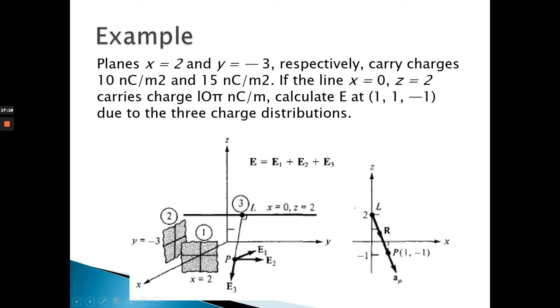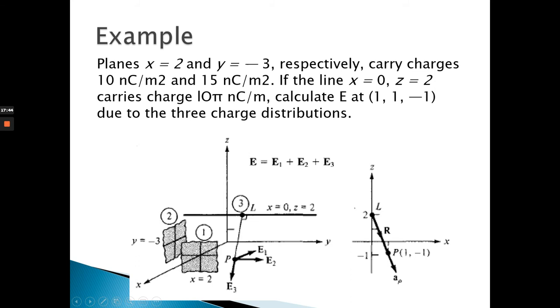And there is one line charge. The line x equals 0 and z equals 2 carries a charge of 10 pi nanocoulomb per meter, which is a line charge.